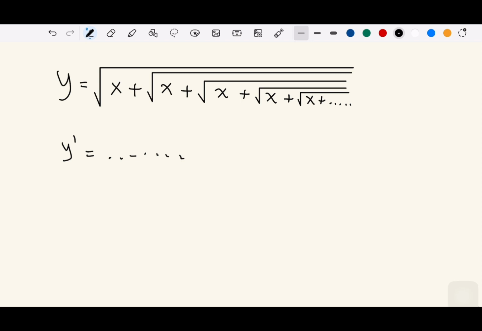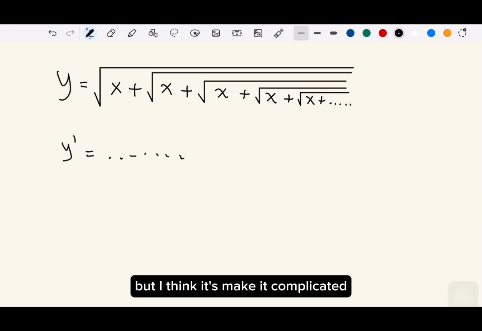Good. One student solved it. But I think it makes it complicated, right? So I think you can skip that.